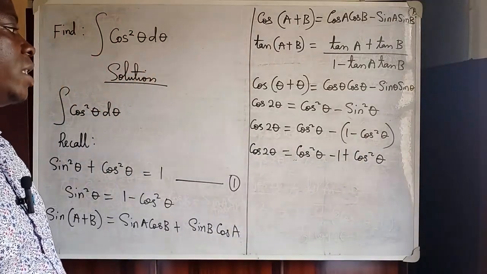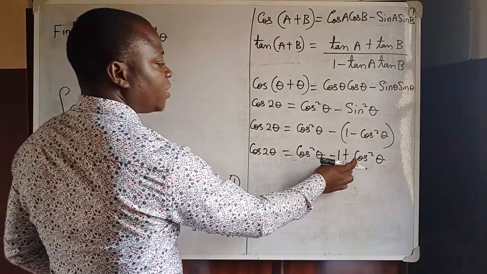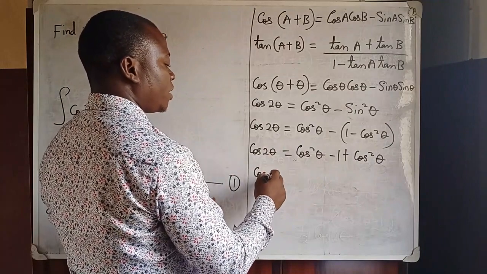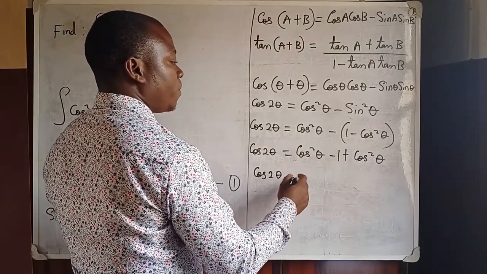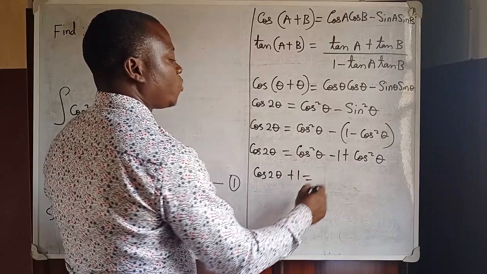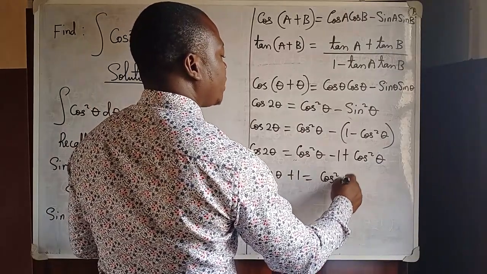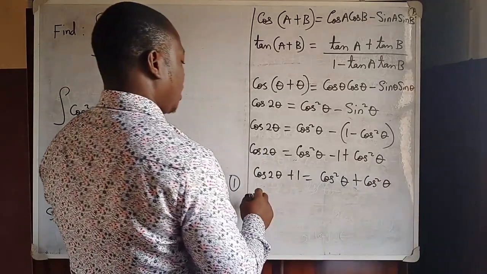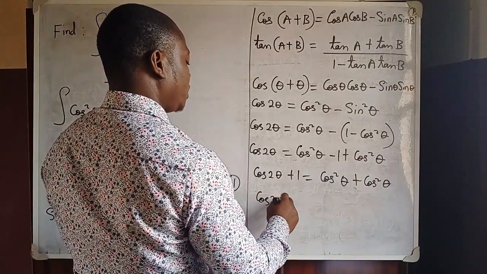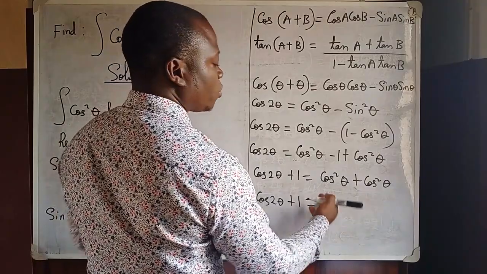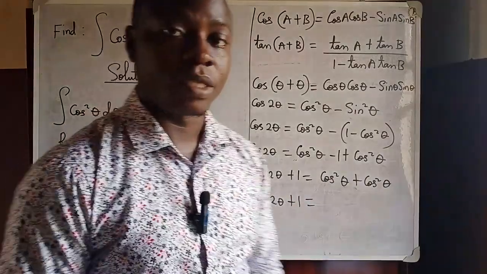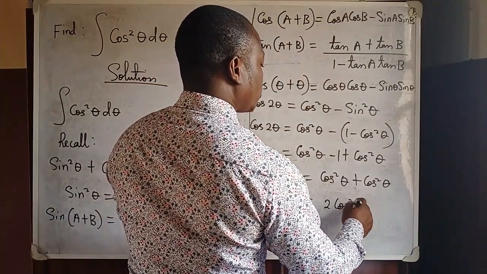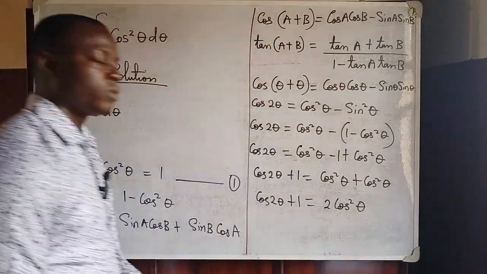Now, if I transfer minus 1 to this side, cos 2 theta plus 1 equals cos squared theta plus cos squared theta. And cos squared theta plus cos squared theta will be 2 cos squared theta if you add these two together.